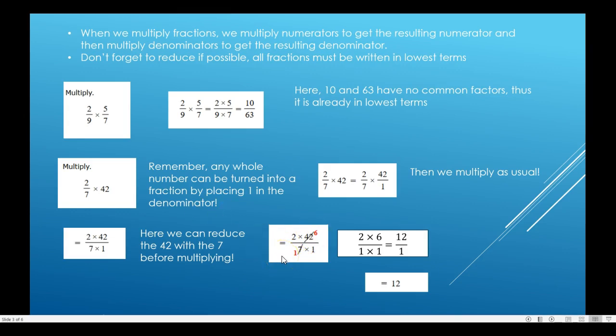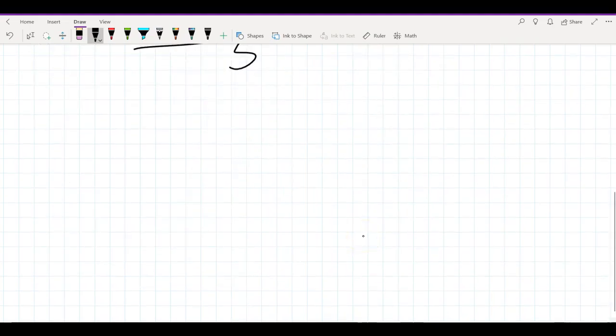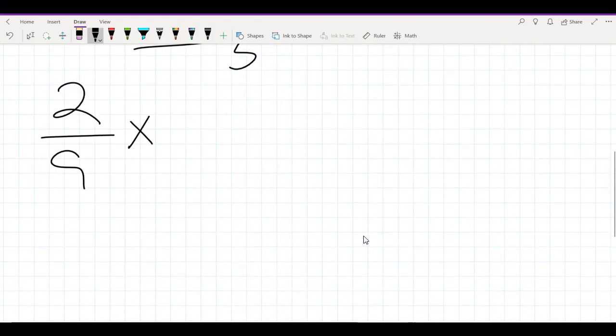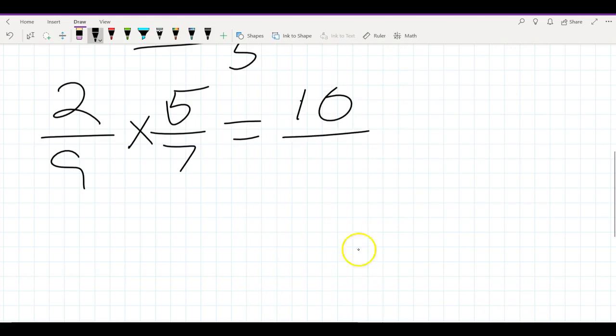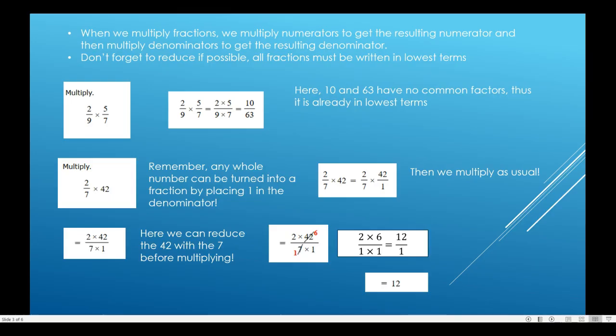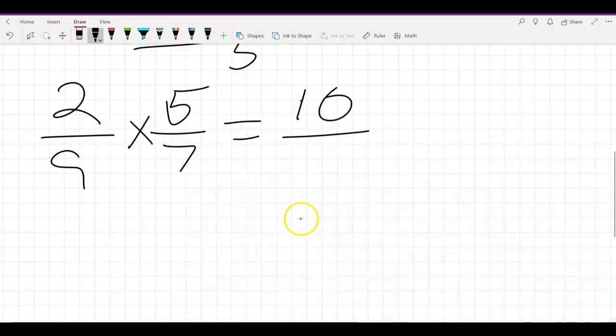So you can multiply them and then reduce, but sometimes the reducing comes easier if you do it beforehand. So let's look at 2/9 times 5/7. So if we multiply 2 times 5, we get 10. I'm sorry, that's not the one I wanted to do. 2/7 times 42.